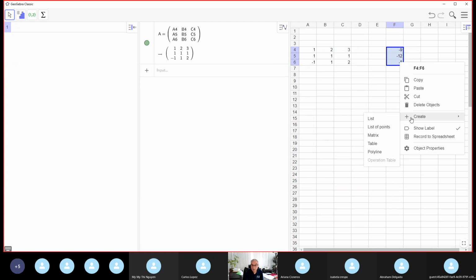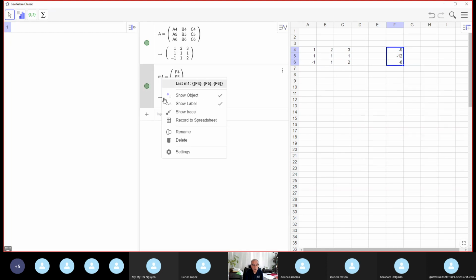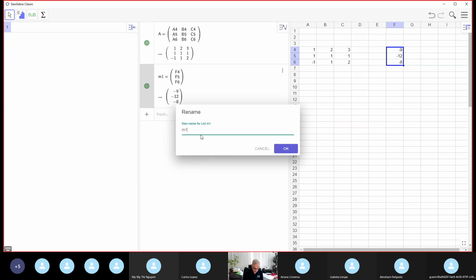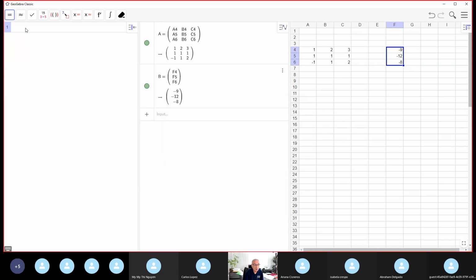Create matrix. Okay, capital B. Ready. So, inverse matrix. Okay, invert. Invert A. Exactly the same, but this is given.